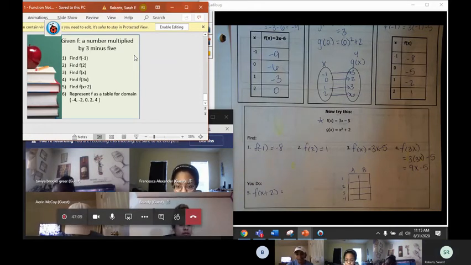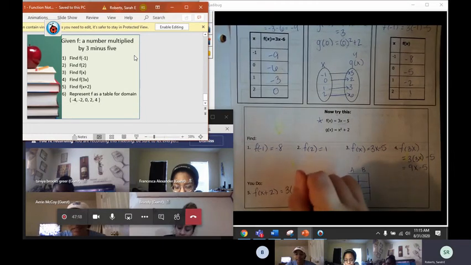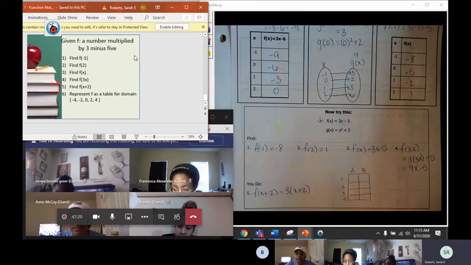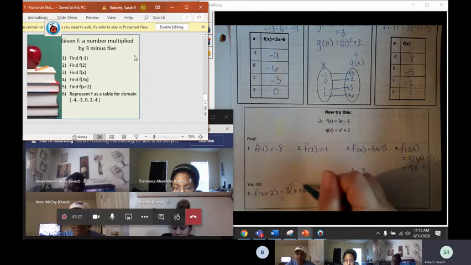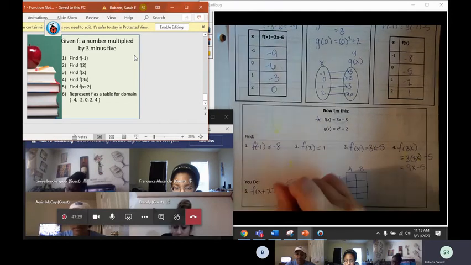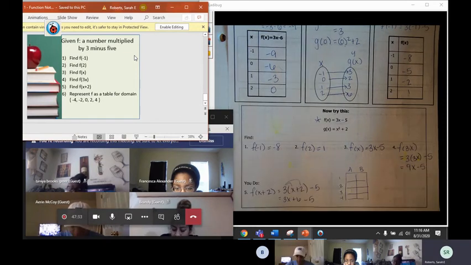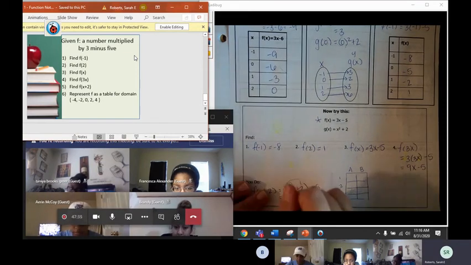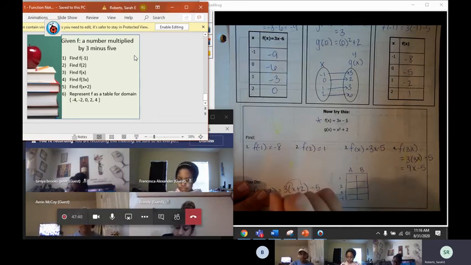Okay, so I put the x plus 2 where you sub in the x. So you have like 3 and then x plus 2? Yes. And then what? Minus 5. Perfect. Yes. So we can distribute this and get 3x plus 6 minus 5. Simplify that a little bit more. 6 minus 5 is 1. We should get 3x plus 1. Very good, Erin. Thank you.